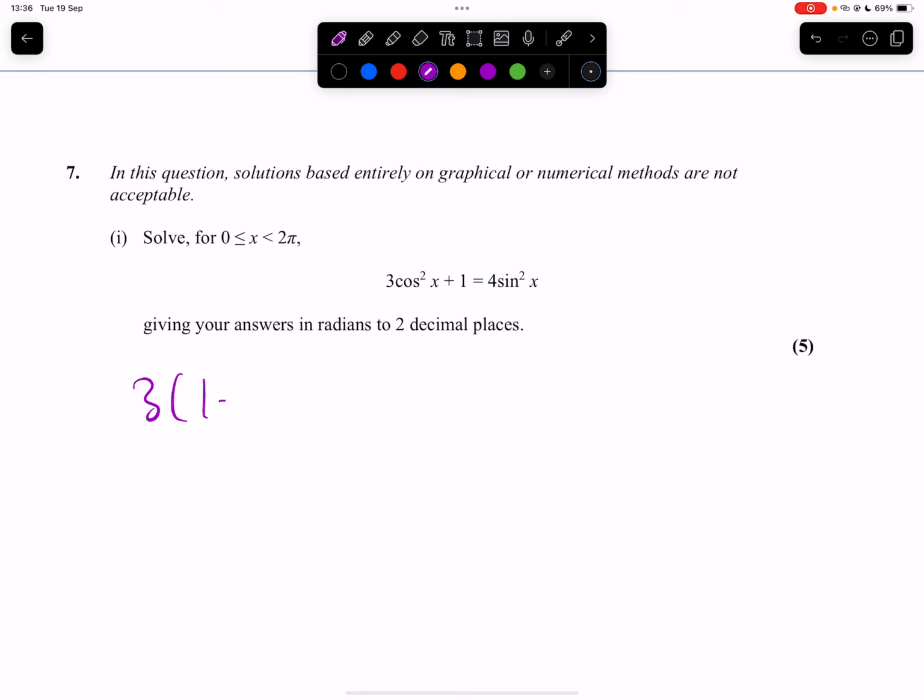So just picking one, I'm going to use the fact that sine squared plus cos squared equals 1 to replace this with 1 minus sine squared.